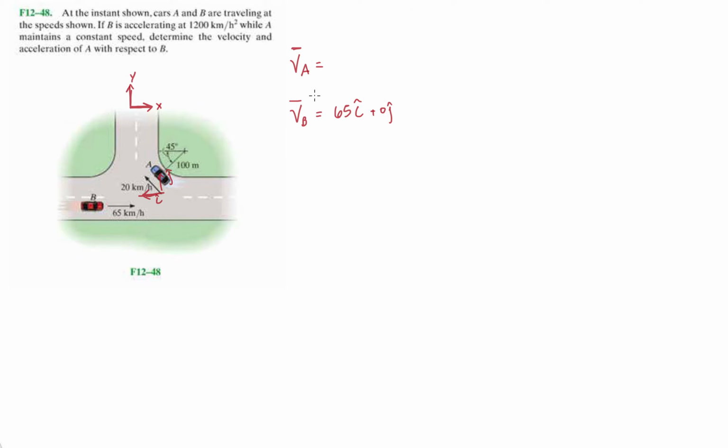The X component of the velocity of A is pointing to the left, so we're going to have minus 20 cosine 45 i, and then positive 20 sine 45 j.